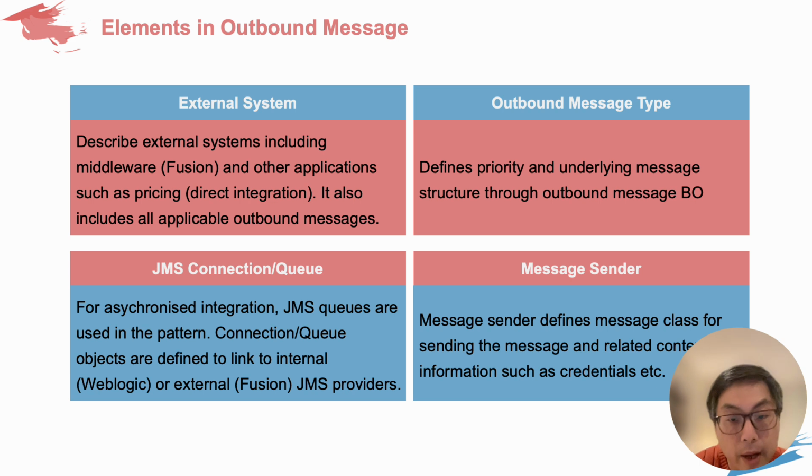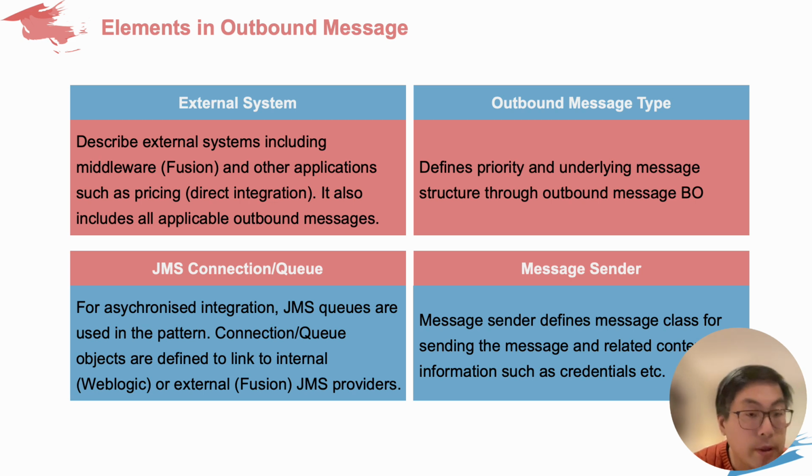Based on different message class, you will have different setup, because for asynchronized, we will need to connect to JMSQ, for example, and then you have to provide the credentials for that JMSQ connection, and also the URL, etc. But for synchronized, let's assume it's an HTTP call, you need to define what the credential is as well, whether it's username password based or key based, etc.